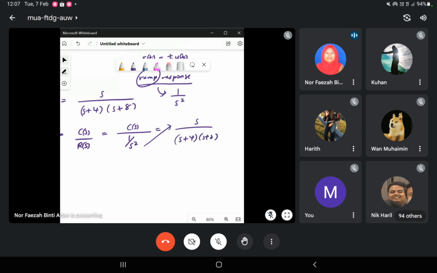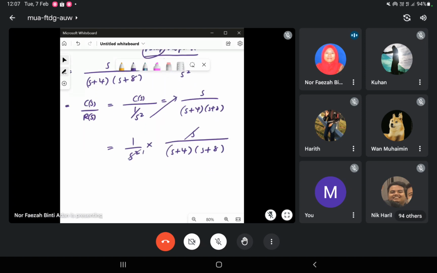Okay, so you pindahkan je darab ni. Sama dengan 1/S squared darab S tambah 4, S tambah 8. Okay. So ni boleh cancel off lah. So ni jadi 1/S, ataupun dia jadi 1/S, S tambah 4, S tambah 8.